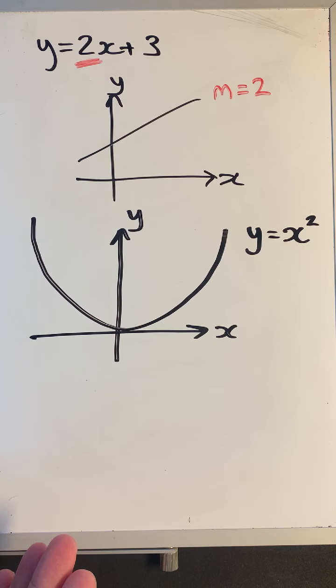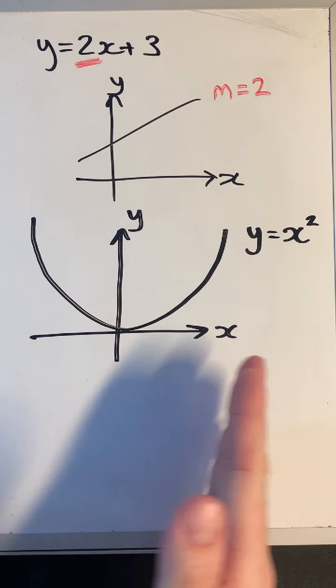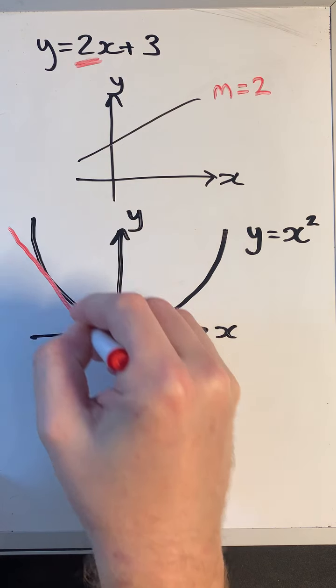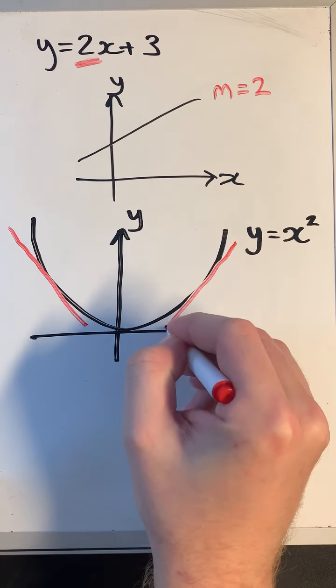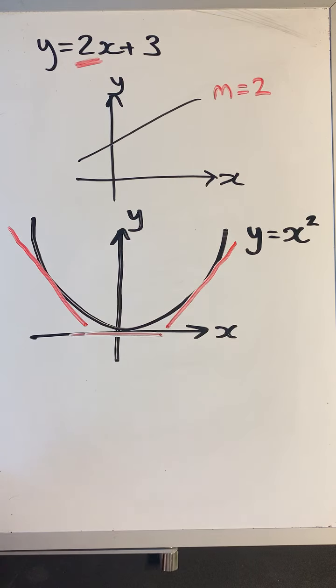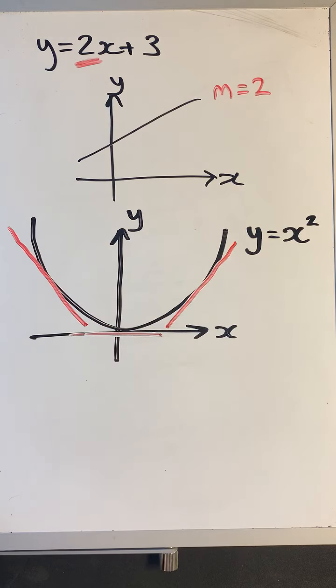Because this function isn't linear, the gradient changes as x changes, doesn't it? Here, for example, the gradient looks like this. Here, the gradient looks like this. And of course, at 0 here, the gradient is a horizontal line. So how do we find this gradient then? Well, what we have to do is differentiate our function.